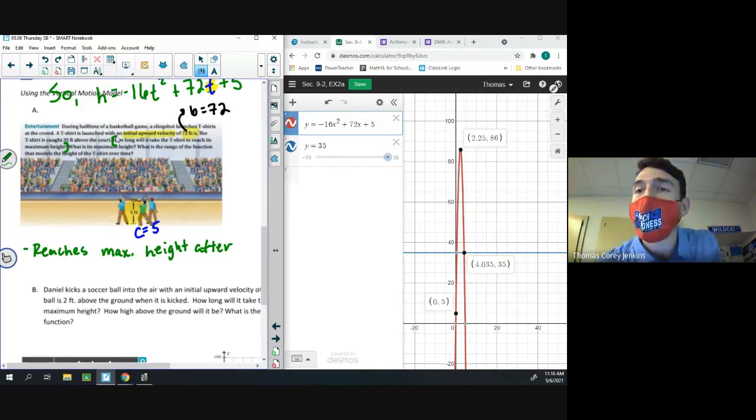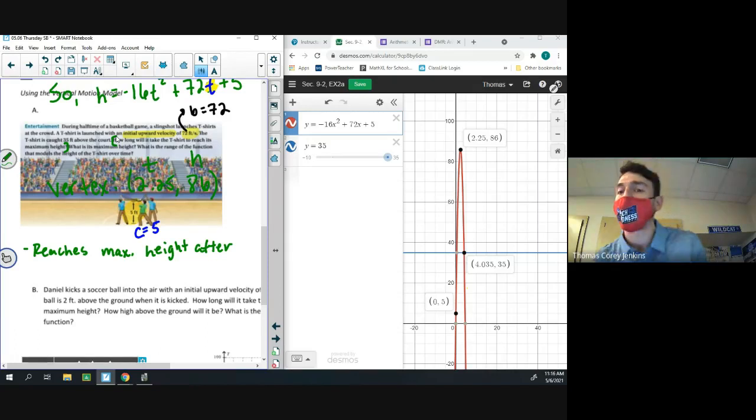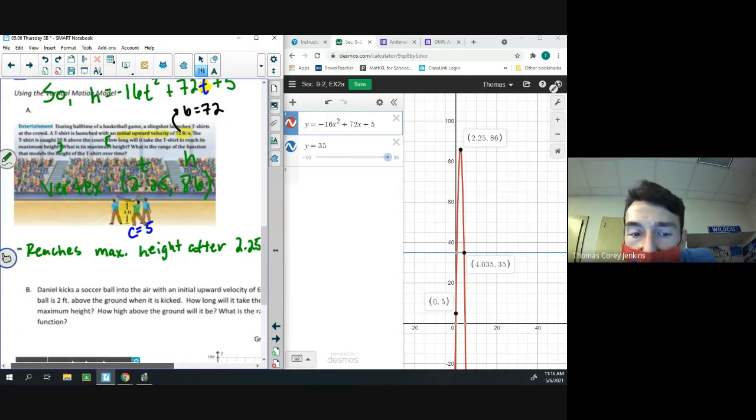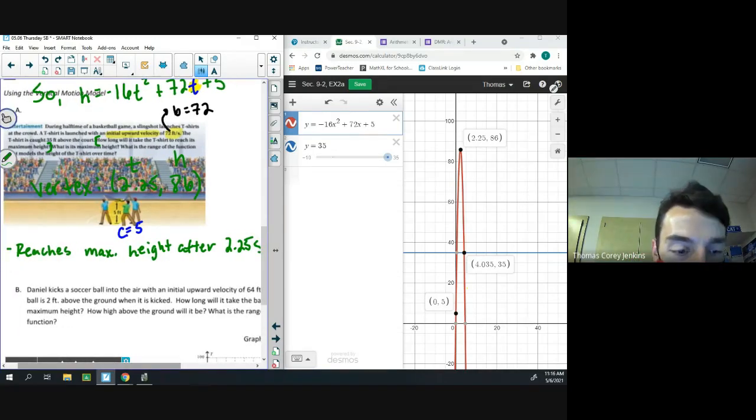So our vertex, and you might write this out in your notes too, because that's key, is at 2.25, comma 86. So our input value is our time value, and our output value is our height value. So it reaches its max height after 2.25 seconds. All right, fair enough.